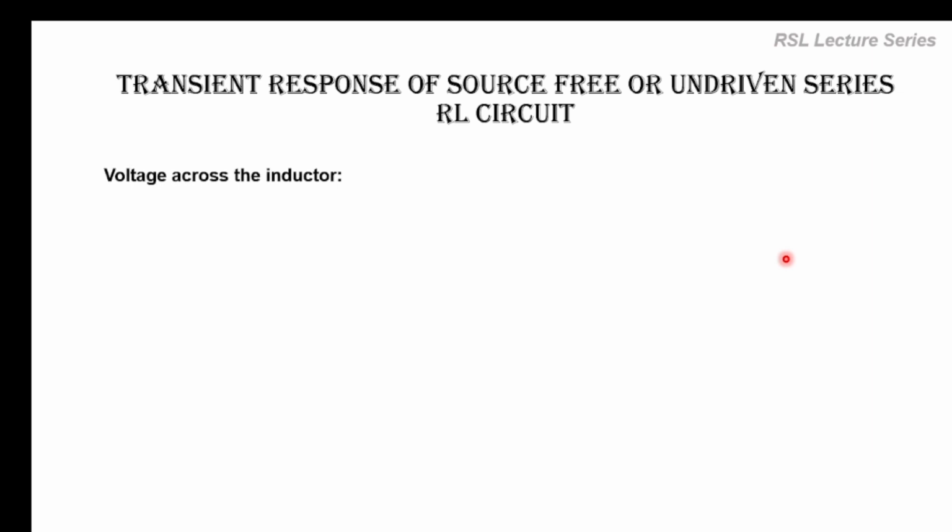Now we can derive the voltage across the inductor. The voltage across the inductor is given by L into di of t by dt, which is equal to L into d by dt of V by R into e power minus R by L into t. Here V by R is a constant term. Differentiating e power minus R by L into t, we get e power minus R by L into t into minus R by L. Now this L will get cancelled.